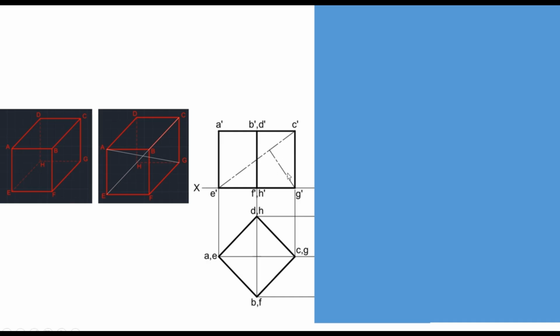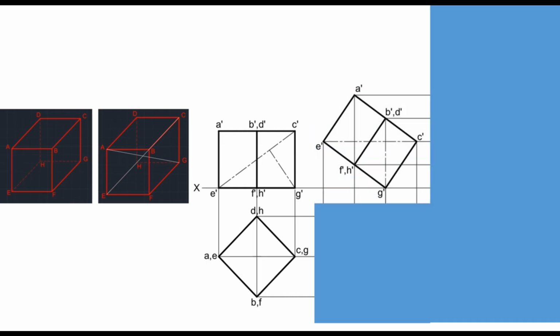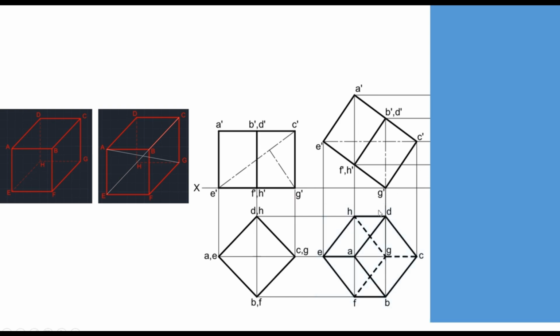For construction purposes, this is the solid diagonal which is drawn here, EC, and this line is perpendicular to EC. The second stage: tilt the front view about the corner G dash, so that the line EC becomes parallel to the XY line. Now project the second top view.